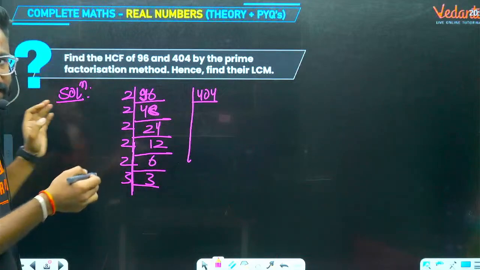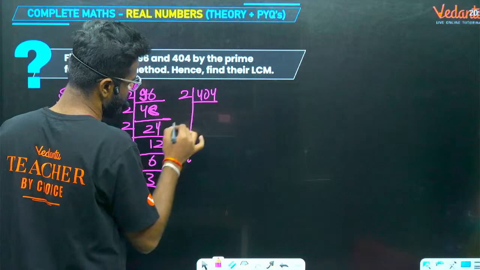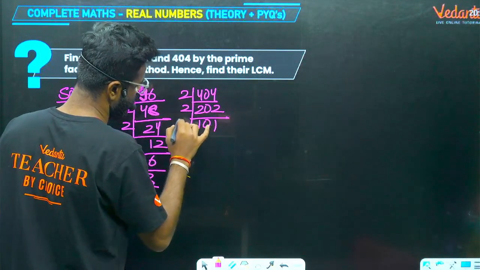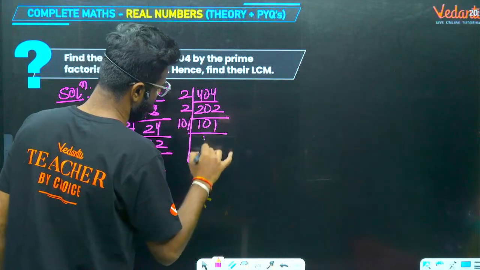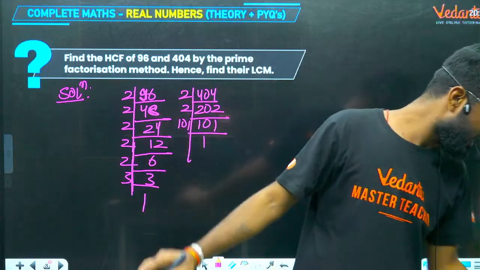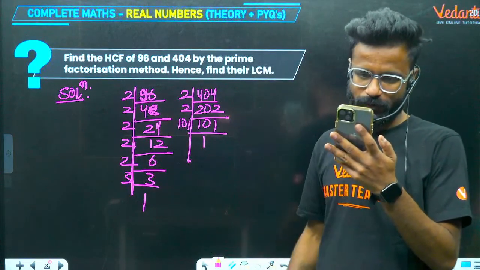These are the prime factors of 96, and the prime factors of 404 are 2, 2, 101, and 101 by itself. Is there any doubt, guys? No doubt? Okay.